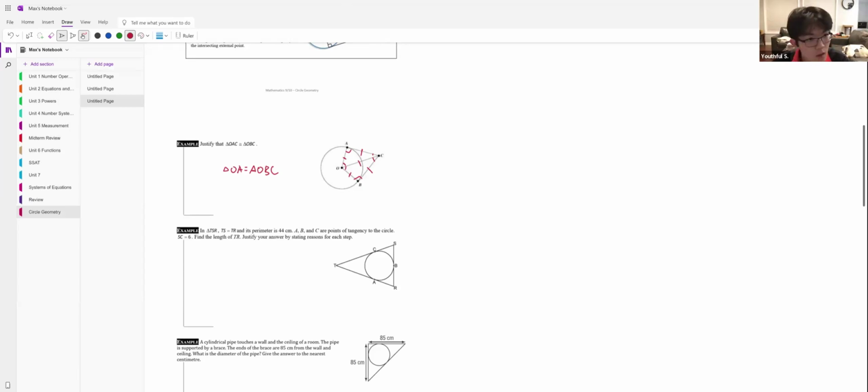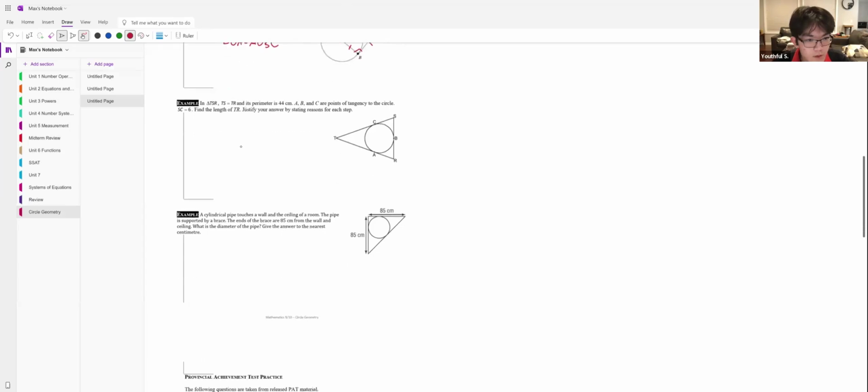Okay. Let's continue. In triangle TSR, TS is equal to TR and its perimeter is 44 centimeters. A, B, and C are points of tangency to the circle. If SC is equal to 6, find the length of TR. Justify your answer by stating reasons for each step. So SC is equal to 6, so SC and SB are going to be the same since they're both tangent to the circle.